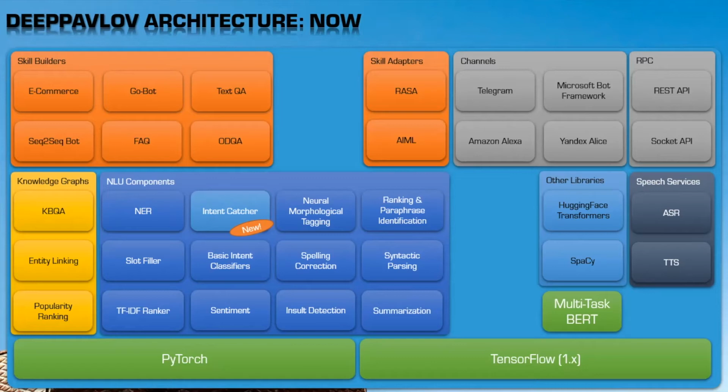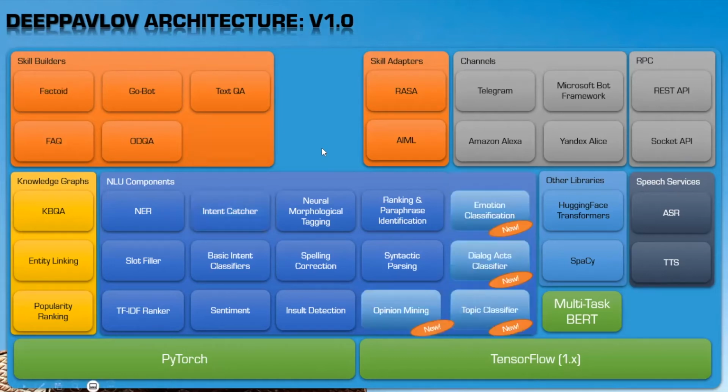And in the last couple of releases, we started a huge transition from TensorFlow 1.x, that our library was built upon in the beginning, to PyTorch. And in our plans, we want to move forward with refactoring of our library. We want to remove some of the obsolete skill builders like e-commerce, chatbot, and other things.